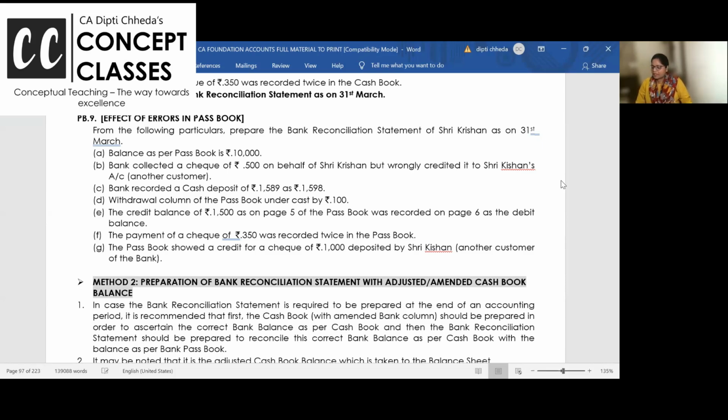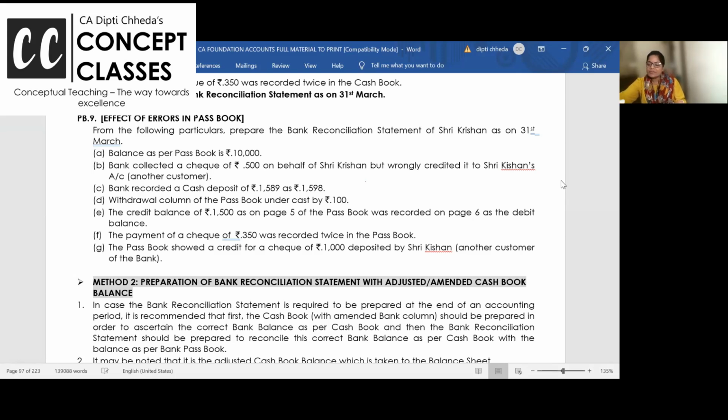From the following particulars, prepare the bank reconciliation statement of Krishan. Balance as per passbook is given. Now the bank collected a check of 500 on behalf of Krishna, but wrongly credited it to Kishan's account. So 500 rupees, I have deposited the check, they have collected, but instead of putting in my account, they have put in some other's account, right? So now if they put correctly in my account, my balance will increase.